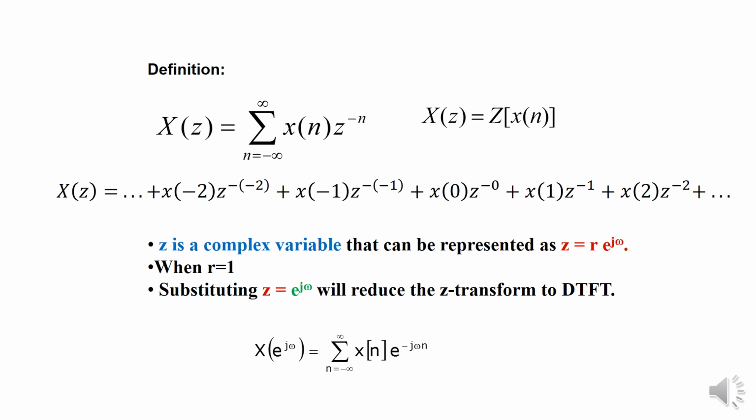So likewise, between DTFT, discrete time Fourier transform, and Z transform, you have the same thing, but the variable has changed, right? So after doing this, you can refer to the DTFT, then you can check whether this is correct or not. Okay.